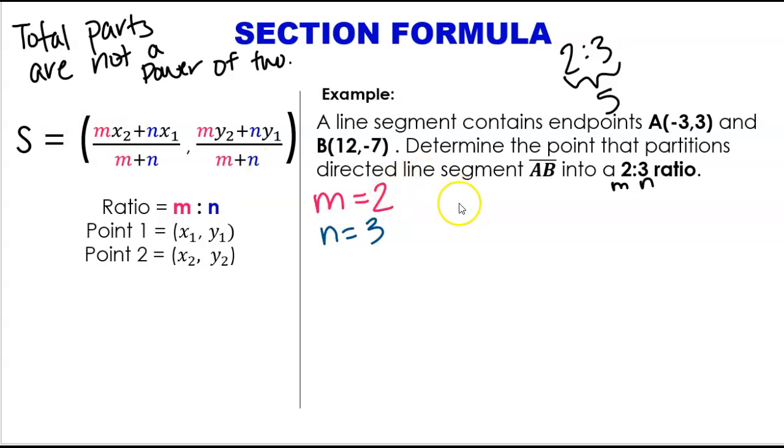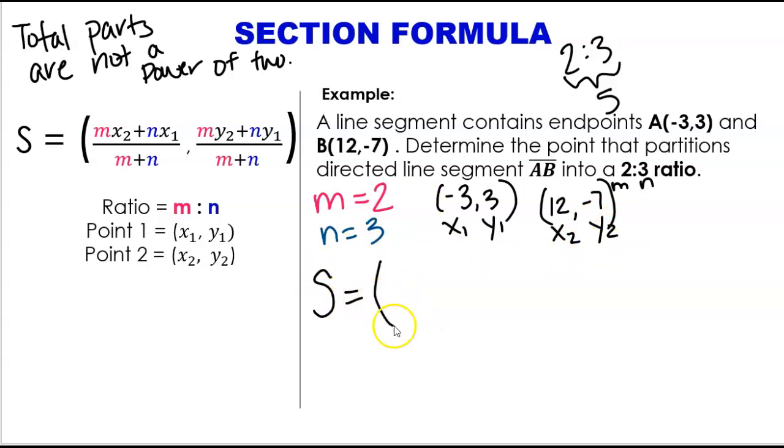Now my 2 points. Because I'm going A to B, my first point is -3, 3. So this is going to be my x1 and my y1. The next point is 12, -7. And this is going to be my x2 and my y2. So now I'm ready to use my section formula.